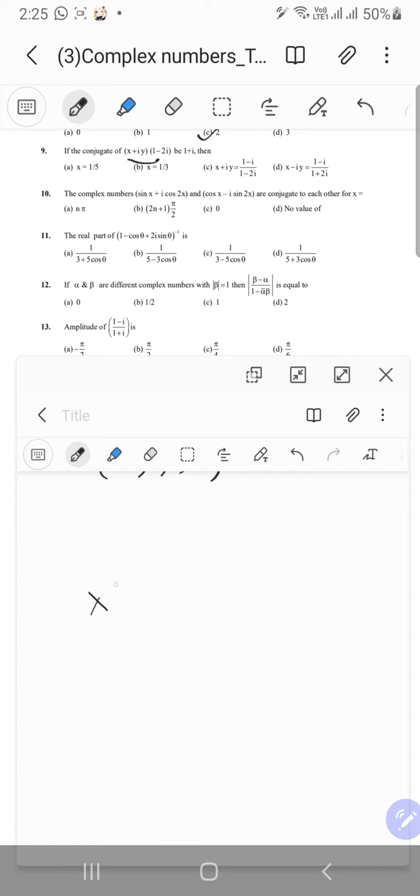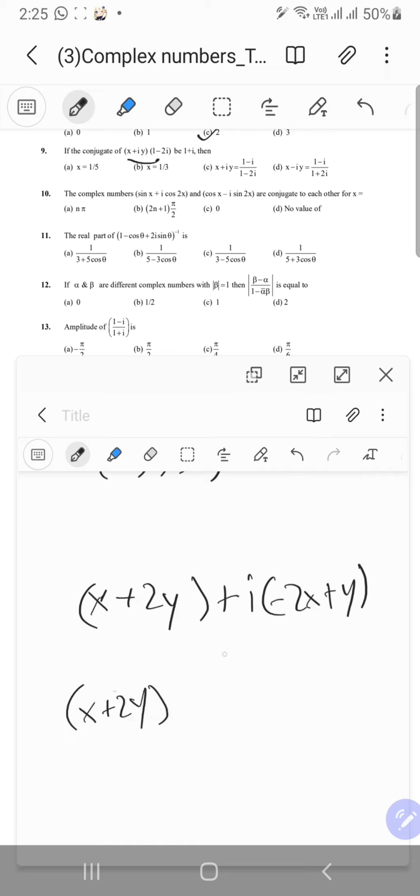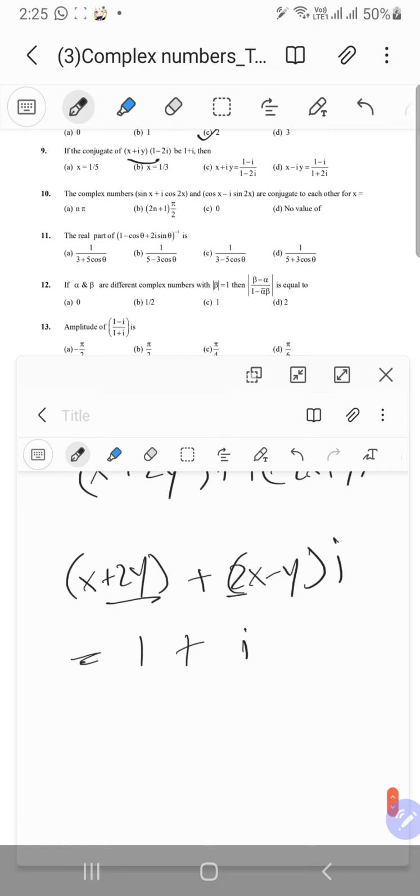So it's gonna be x minus, well, minus minus is plus 2y, plus iota times minus 2x plus y. So its conjugate will be x plus 2y plus 2x minus y iota. This thing is equal to 1 plus iota. That's what they're saying. So this is equal to 1, this is equal to 1. x plus 2y equal to 1, 2x minus y equal to 1 as well.